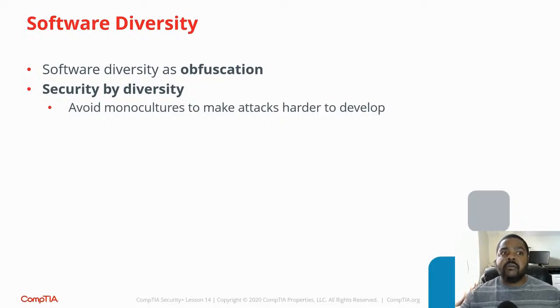So we want to make sure that we have a good diversity of vendors in our environment. We want to make sure that we're not all using the same products, but they work well together. We want things that work well together, but not necessarily made by the same company. That gives a good diversity and a good security measure when a hacker comes into your network.